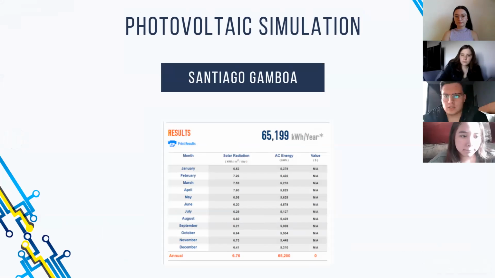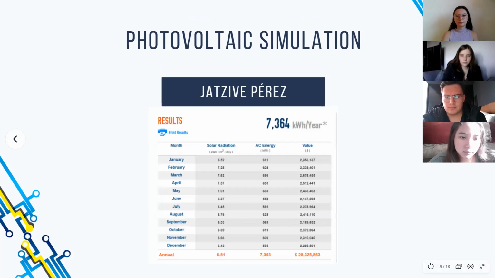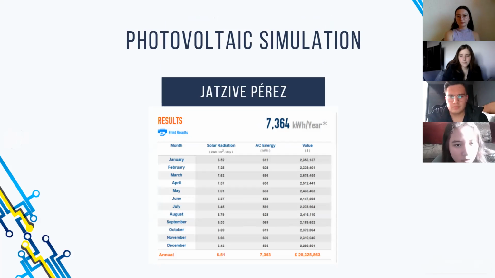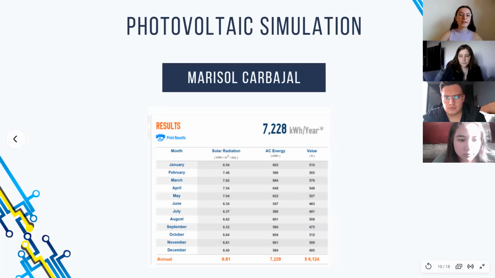In my case, I got 65,199 kilowatt hours a year. In my case, I got 7,364 kilowatts per year. And finally, in my case, I got 7,228 kilowatts per year.